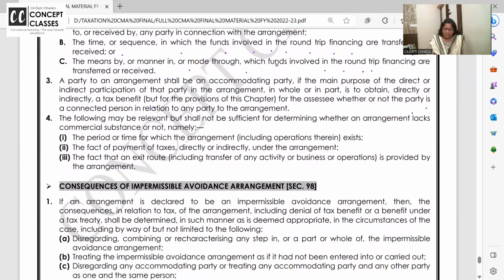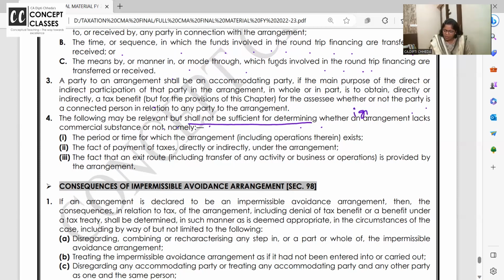Tax evasion. Following may be relevant but shall not be sufficient for determining whether an arrangement lacks commercial substance or not. So the following may be relevant, but it will not be sufficient.